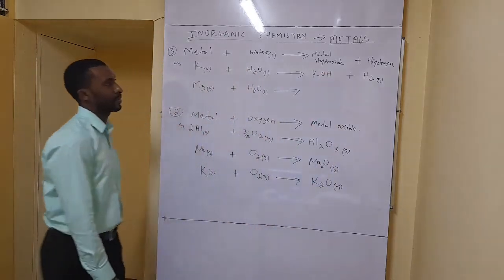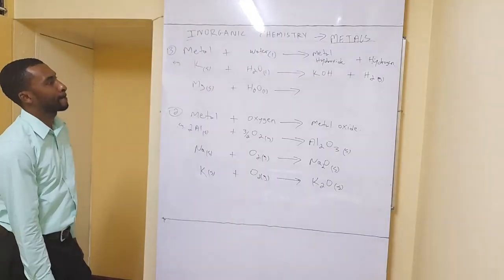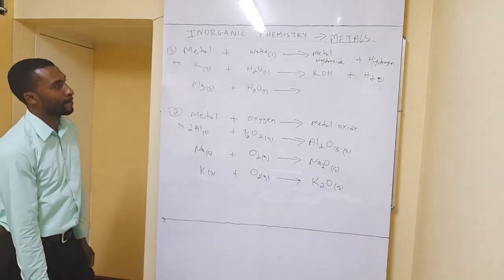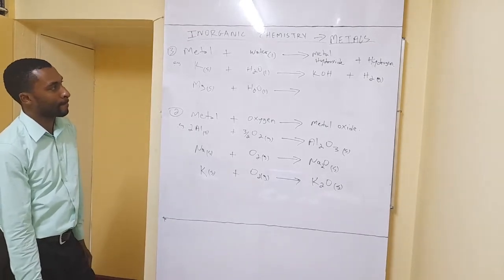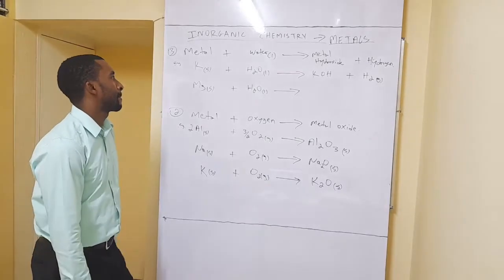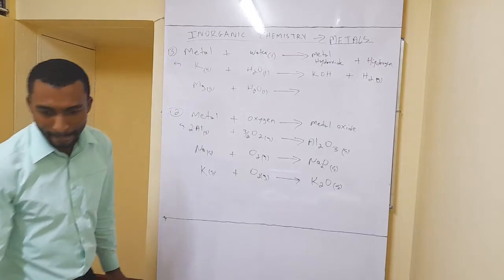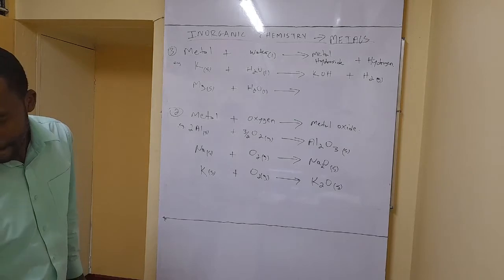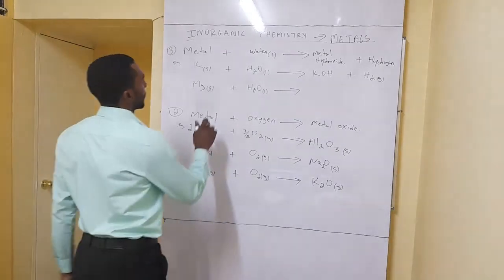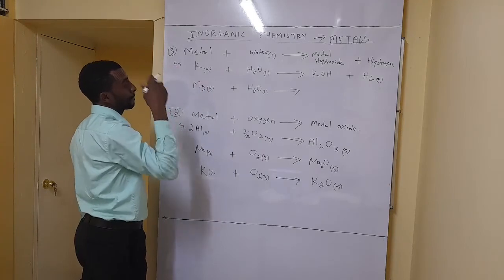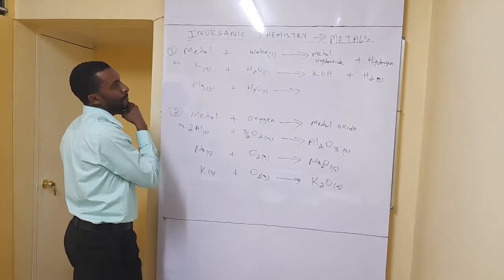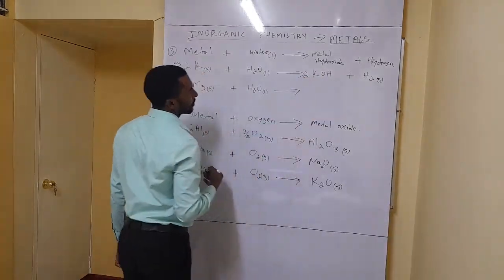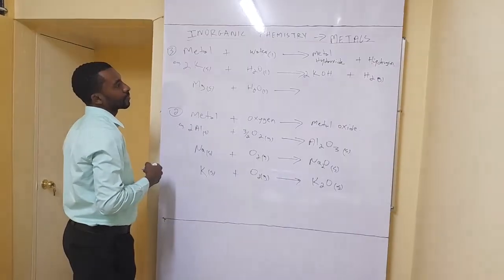How do we balance that equation? You put 2 in front of the hydrogen, and 2 in front of the K. You put 2 in front of the KOH, 2 in front of the water, and 2 in front of the potassium.